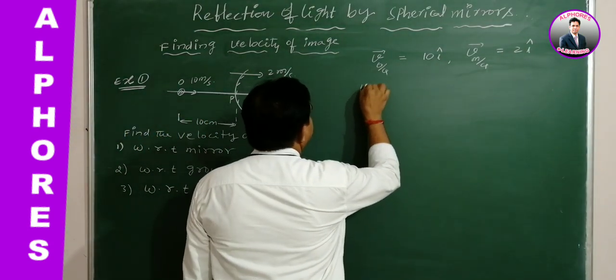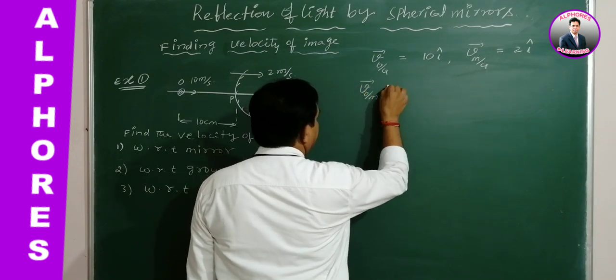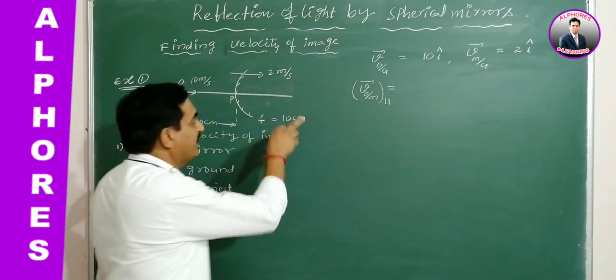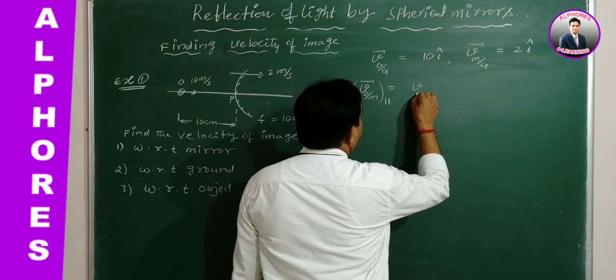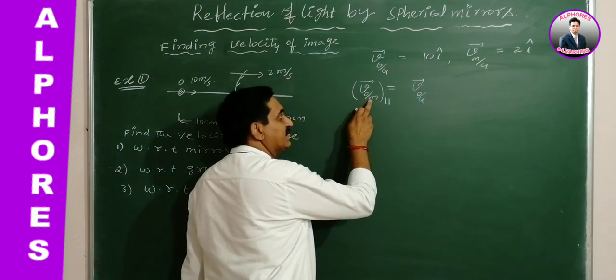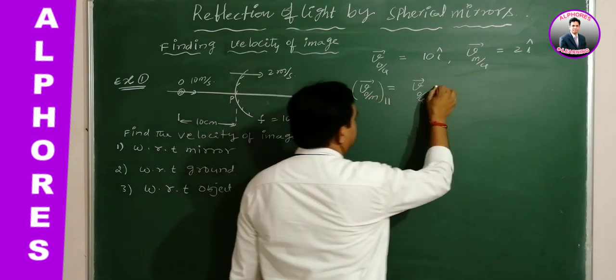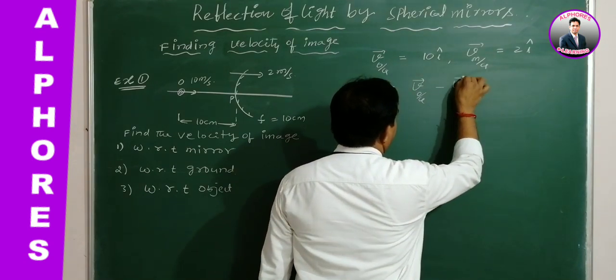So here the velocity of object with respect to mirror, in the direction parallel to the principal axis, is equal to the velocity of object with respect to ground minus the velocity of mirror with respect to ground. This is the relative velocity concept.